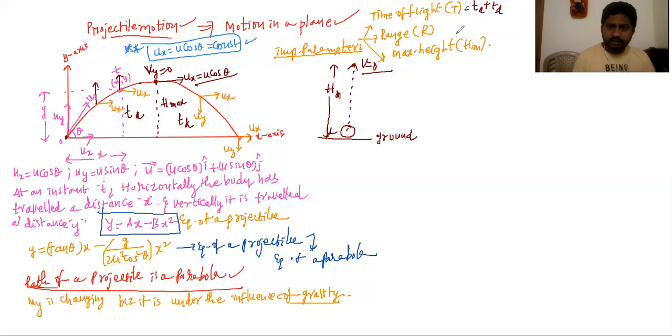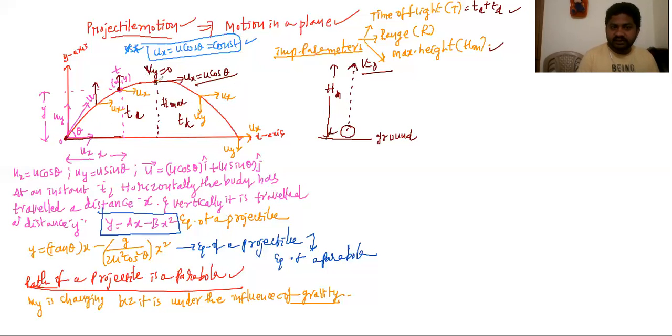Now, maximum height, what exactly the maximum height is, you know. What is time of flight, you know. And range. Range is the maximum horizontal distance traveled by the body. When the particle is at this instant, the horizontal distance traveled is only x.